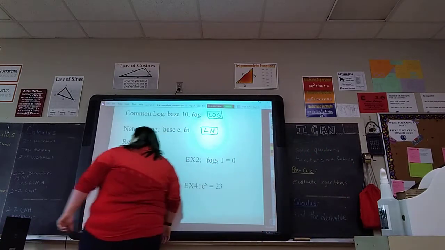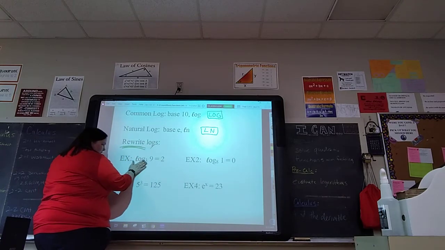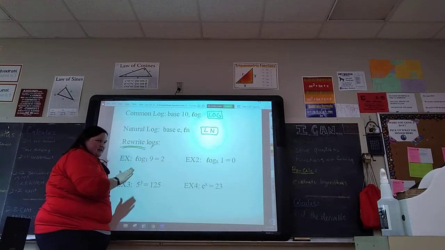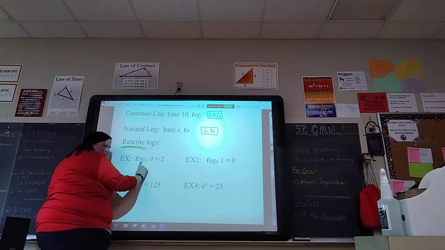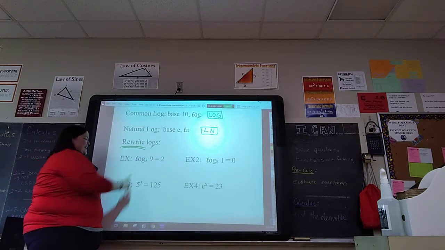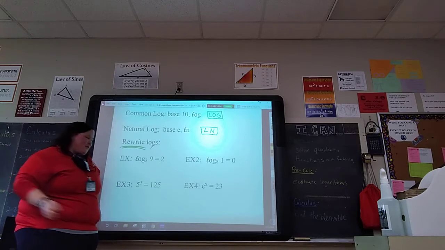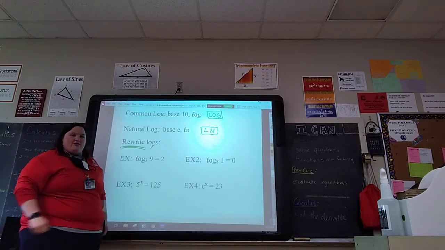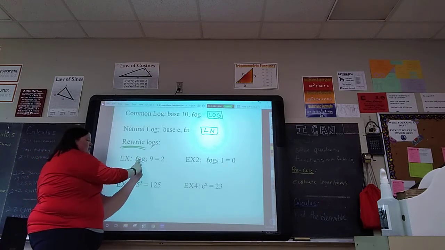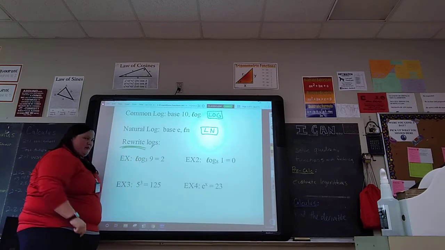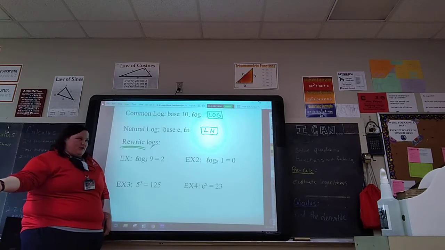So here is our number in logarithmic form. Everyone okay with why that's in logarithmic form? If I say something's in logarithmic form, that means it has a log, or if you need to write it into logarithmic form, you need to write it as a log. Here we're going to take it from logarithmic form and rewrite it into exponential form.